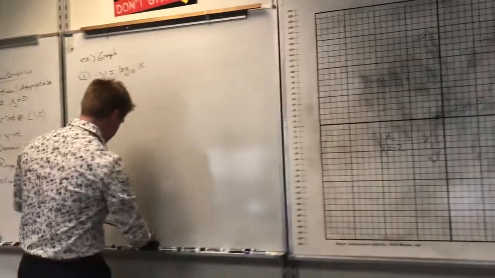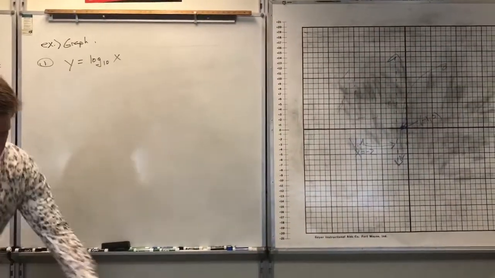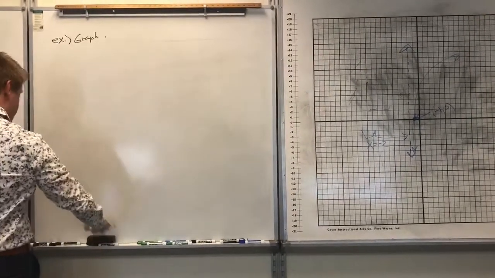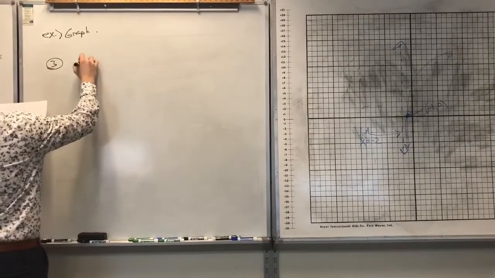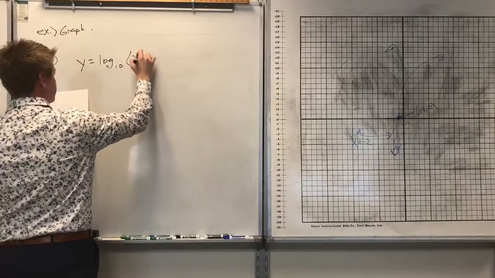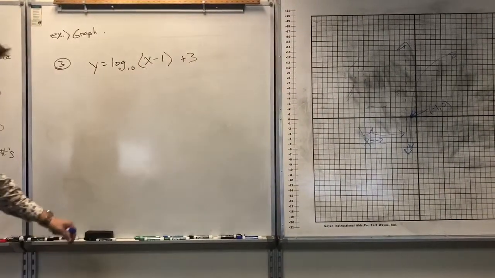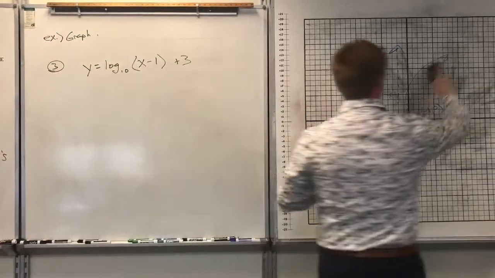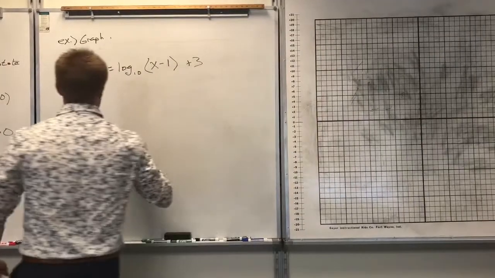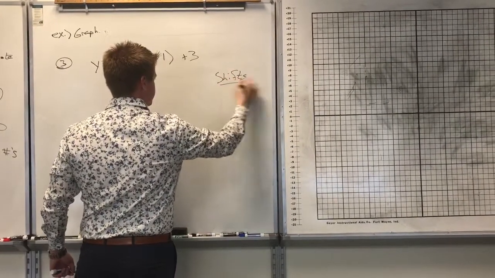Last one here, maybe try this one on your own, will involve a couple of shifts. Number 3, y is equal to log base 10 of x minus 1, plus 3. So once again, let's describe the shifts, translations that happen here.